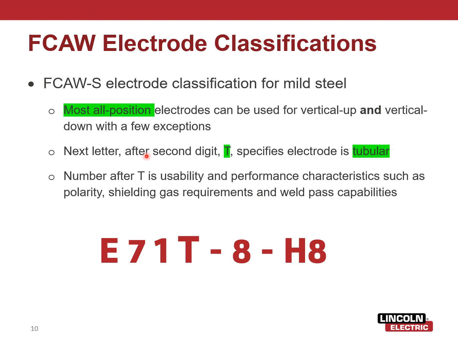The next letter after the second digit, that T, again, tubular. This is a tubular, also known as a fabricated wire. So if you have a T there, it's tubular. If it's an S, it's a solid. And the number after the T, so this 8 here, is usually usability and performance characteristics. Just like E7018, the last digit or last two digits is going to be your components and your flux.